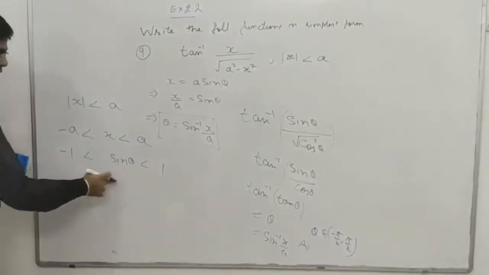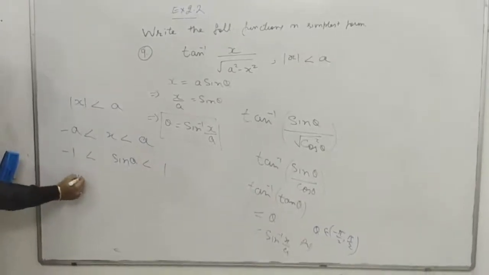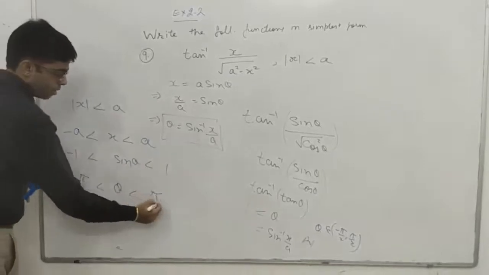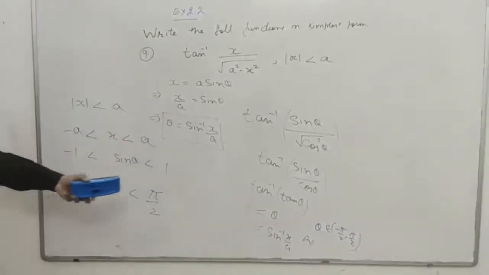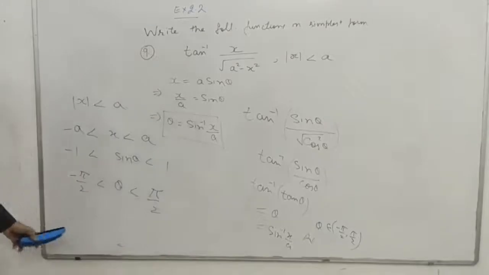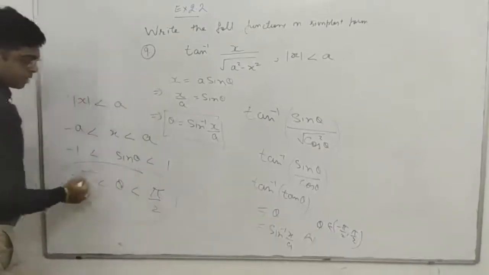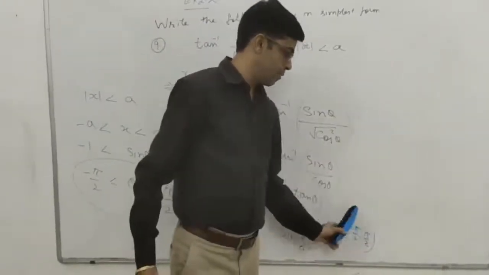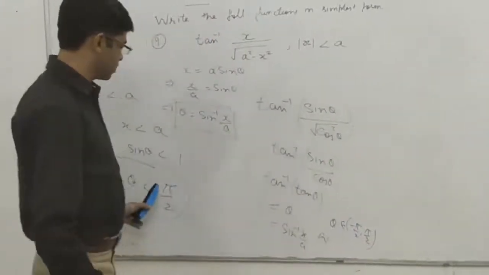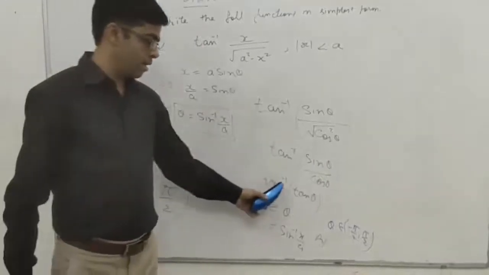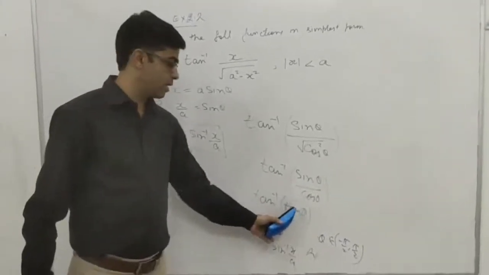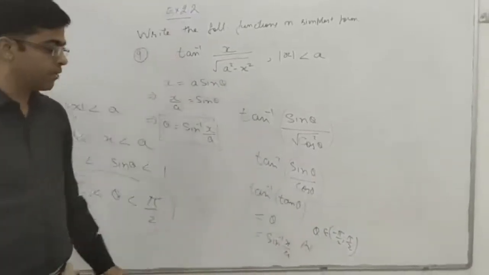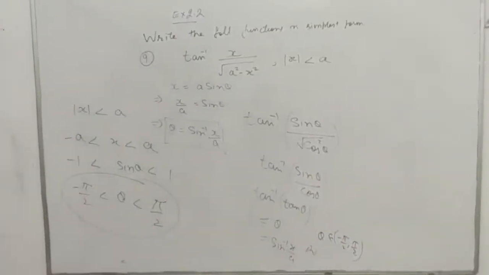When you take the sin inverse of minus 1, you will get minus pi by 2, and this is positive pi by 2. So this theta is coming in the range of minus pi by 2 to pi by 2, which is the same principal range for the tan inverse function. So that's why we can write tan inverse tan theta as theta, because it is clearly coming in the principal range of the tan inverse function. So this is our answer.